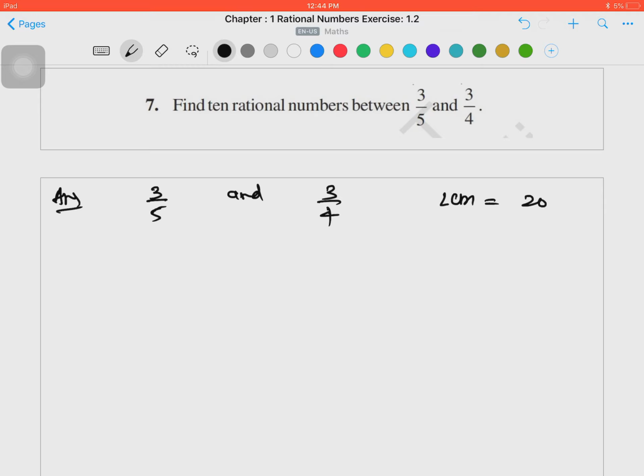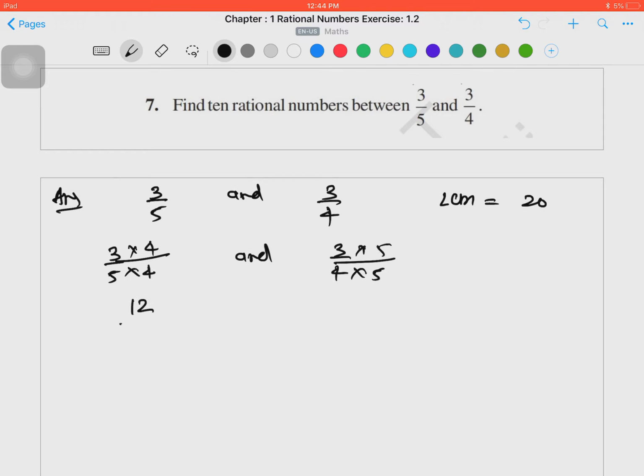LCM of 4 and 5 is 20. So in order to make 20, we'll multiply 3 by 5 by 4 in denominator and 4 in numerator, and for the number 3 by 4 we multiply it by 5 in denominator, also 5 in numerator.